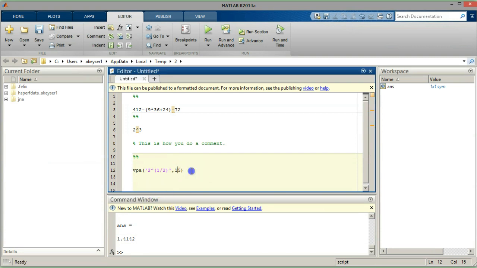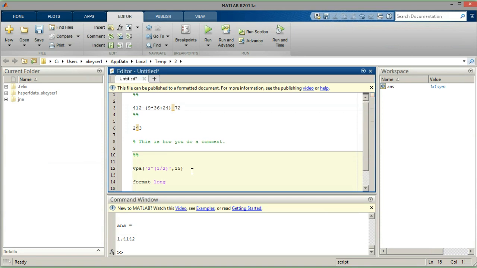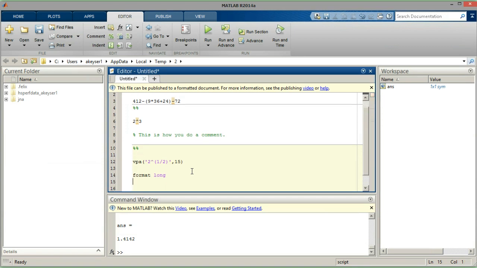And then let's take format, and I'm going to take the same number and just do format long. So this is my command. I'm saying I want format long for 2 to the 1/2.